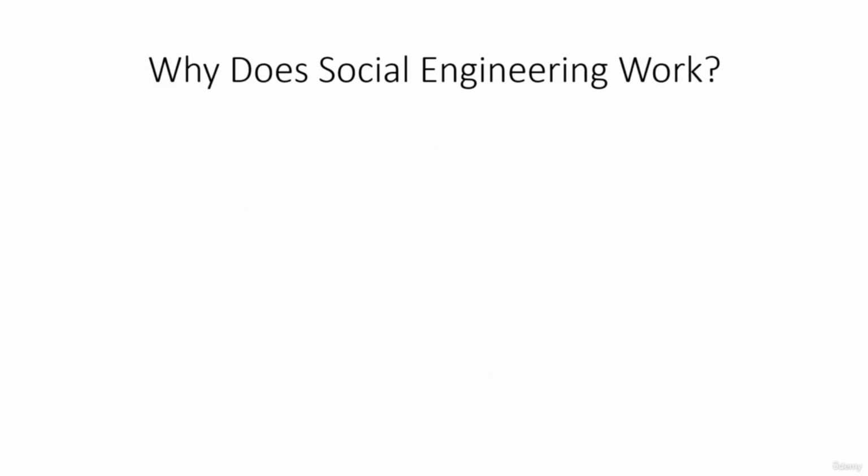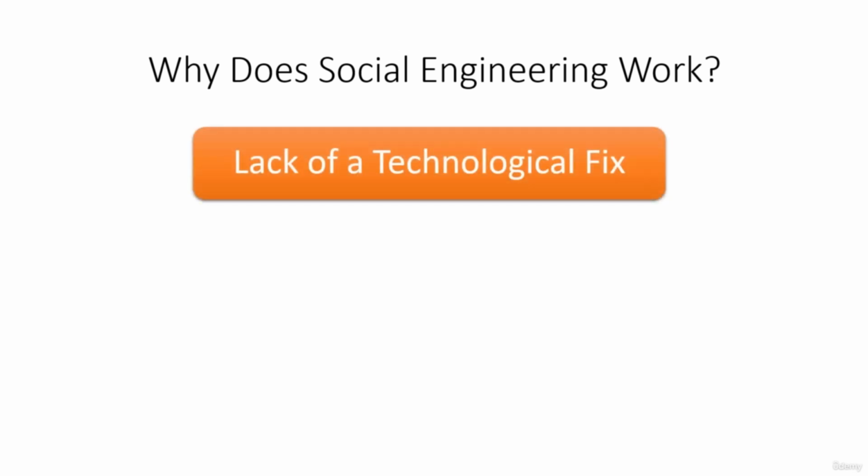So let's now talk about why this social engineering works. Social engineering is effective for a number of reasons, each of which can be remedied or exploited depending on whether you are a defender or an attacker. Let's look at a couple of the options. First is lack of technological fix.